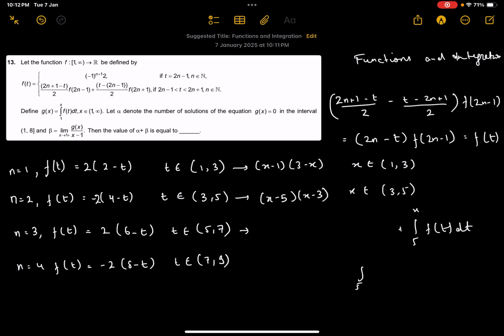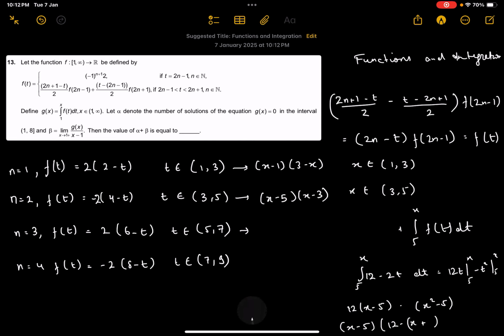This is 5 to x of (12 minus 2t), that becomes 12 times (x minus 5) minus (x square minus 25). This is (x minus 5)(12 minus x plus 5), which becomes (x minus 5) into (7 minus x).